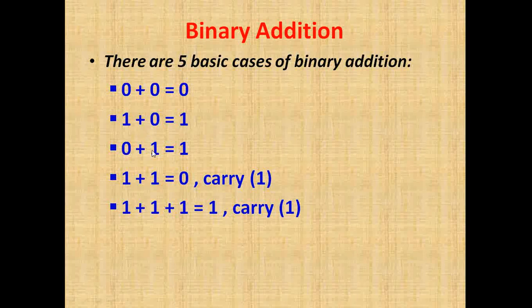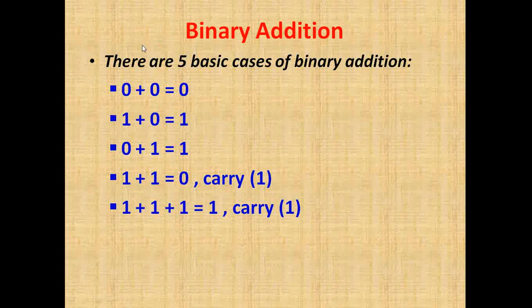Again 0 plus 1 is also 1, but 1 plus 1 gives you 0 with a carry of 1. Again 1 plus 1 gives you 0 with a carry of 1, right? Then we have 1 plus 1 plus 1, it gives you 1 with a carry of 1.